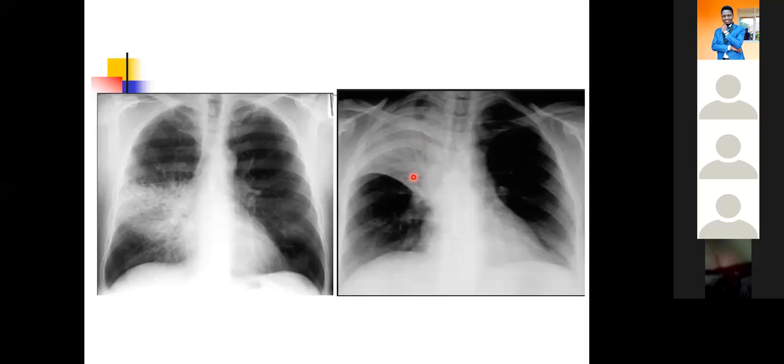So these two signs that we have mentioned, the silhouette sign and the air bronchograms, are only present when the disease process affects the air space.